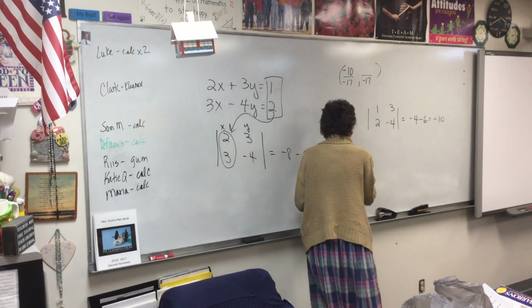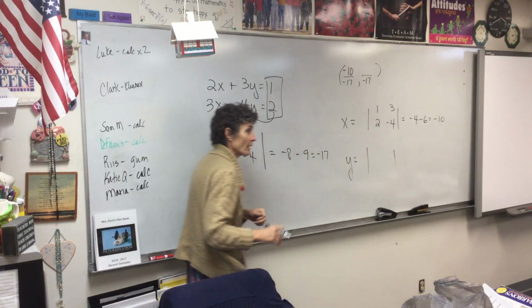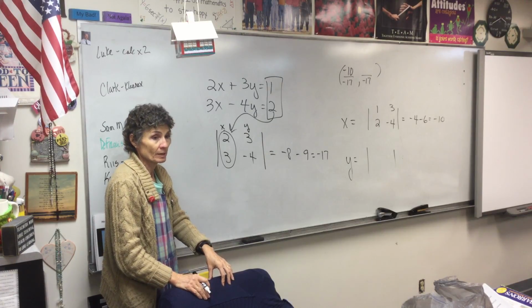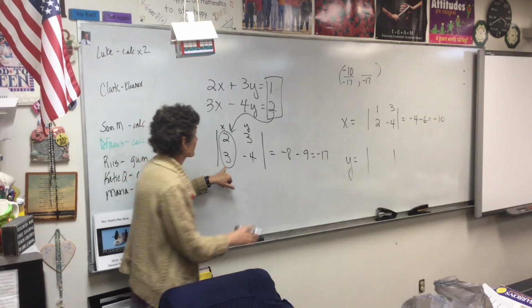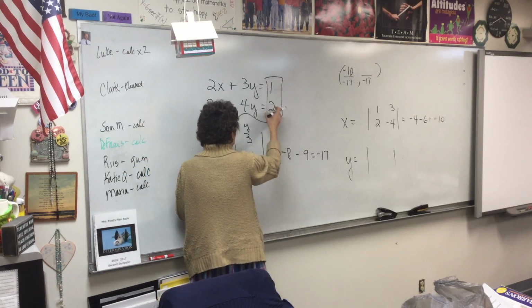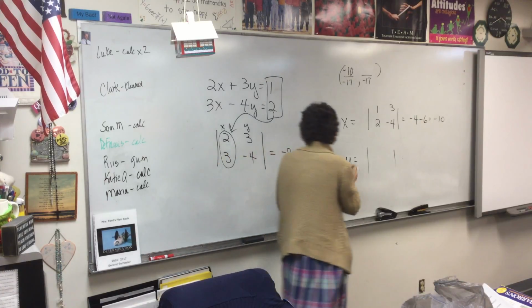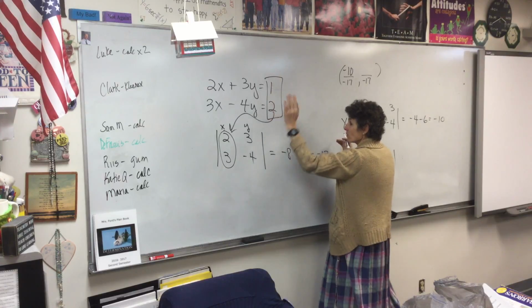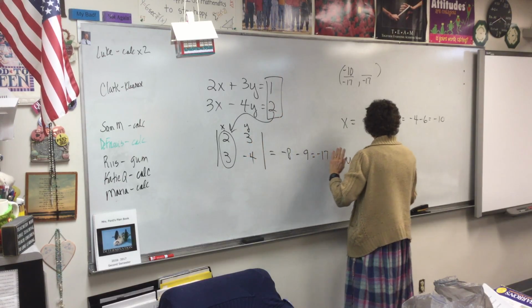Now, what do you think? Do you have an idea about what the numerator for your y might be? I leave the 2 and the 3, but that's right. I take these and glue them on here, because when I'm finding the y's, I cut this out and paste it on top of the y's.